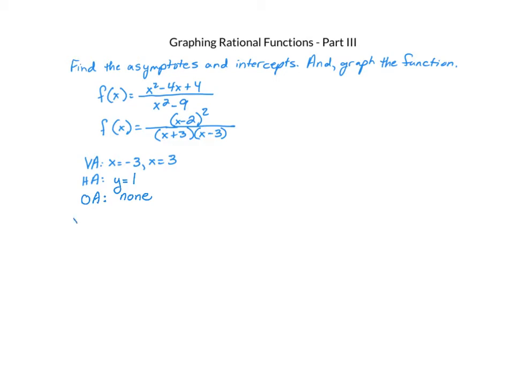Let's move on to x-intercepts. We find our x-intercepts by setting y equal to 0, in this case f of x. I can use either version of this function I like, the first one or the second one. I kind of like the second one. So I'm going to write it as 0 equals x minus 2 squared over x plus 3 times x minus 3. We multiply both sides by x plus 3 times x minus 3, and we get 0 equals x minus 2 squared.